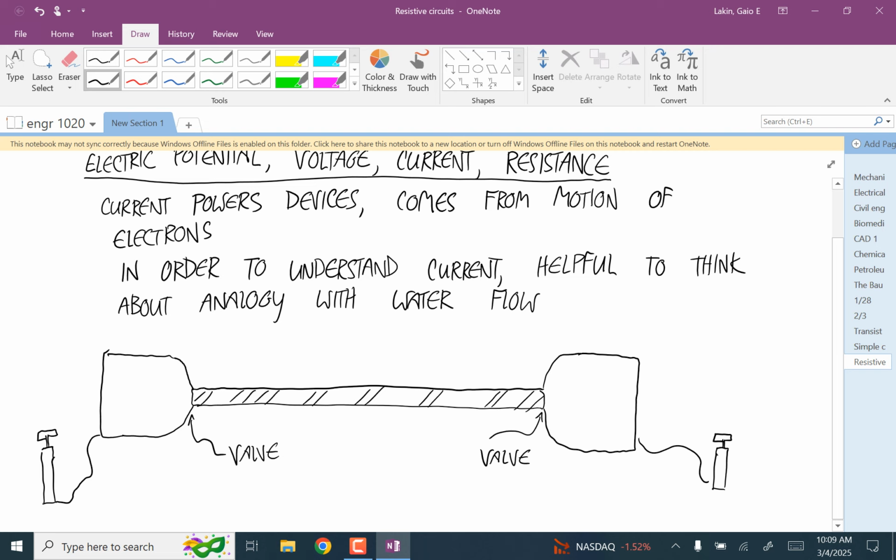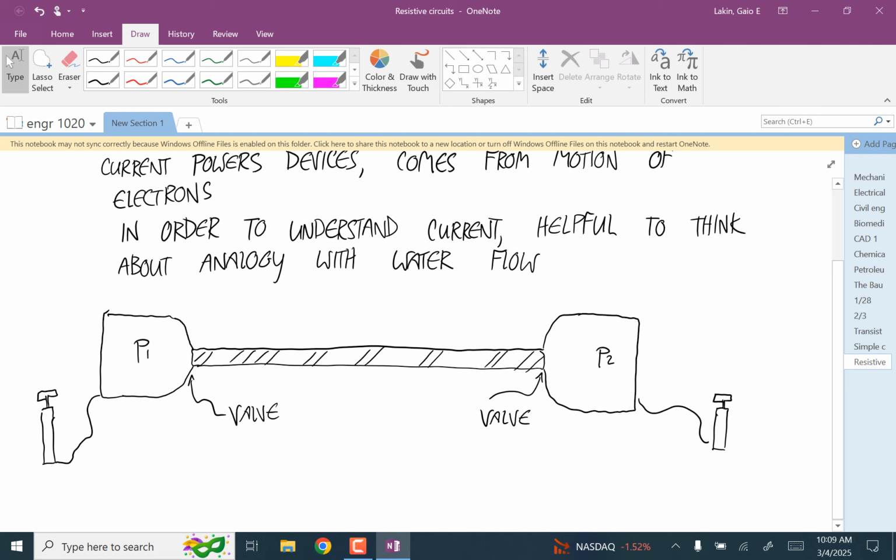So there's a pressure over here, let's call that pressure 1, and there's a pressure over here, pressure 2. What we're going to do is use the bike pumps to come up with pressures on these two sides. Then once we're at the pressures we want, we'll release the two valves and think about which way the water will flow.